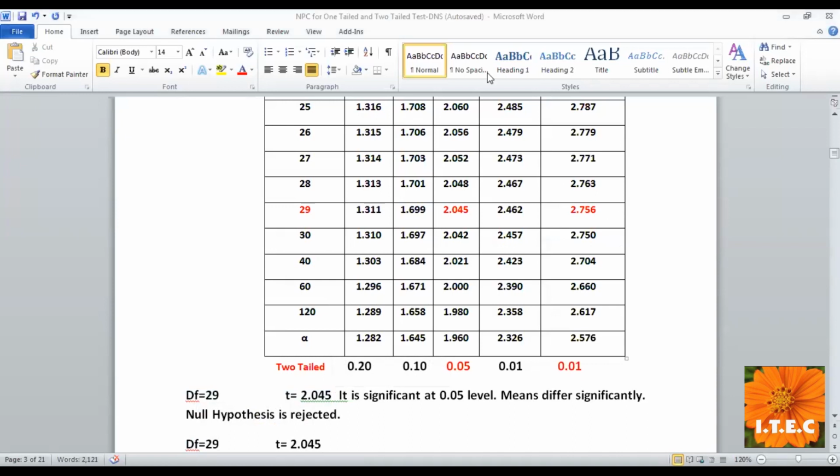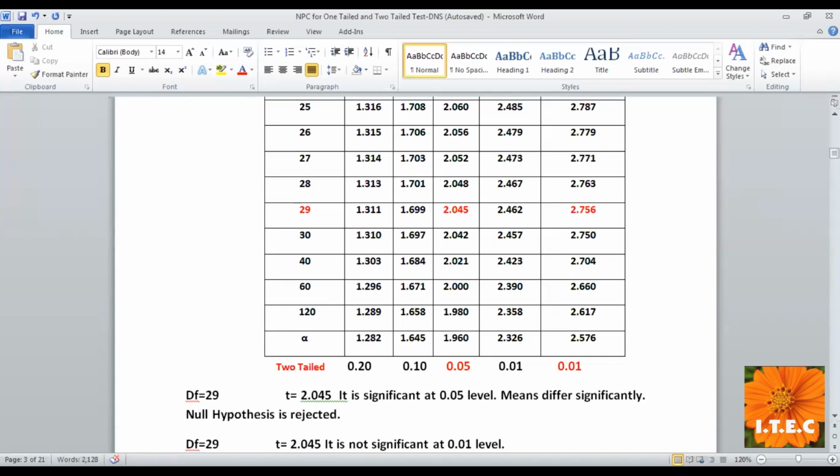Is it significant at 0.01 or not? So that means it is not significant at 0.01 level.